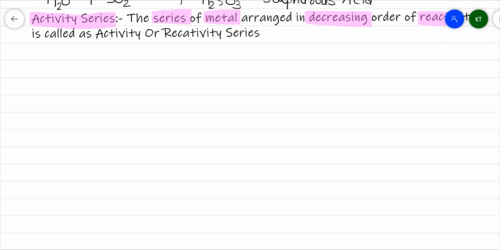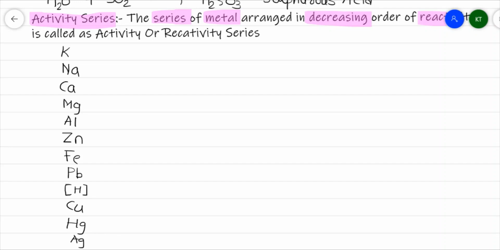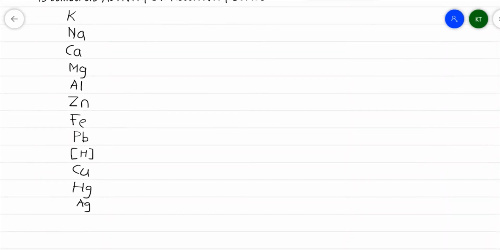The series starts with potassium, sodium, calcium, magnesium, aluminium, zinc, iron, lead, hydrogen, copper, mercury, silver, and gold. Hydrogen is taken as a reference point.